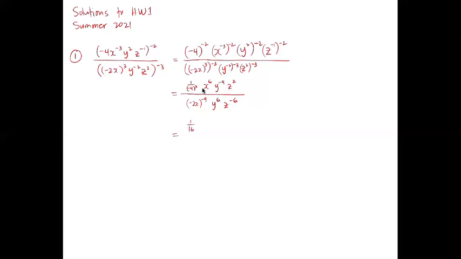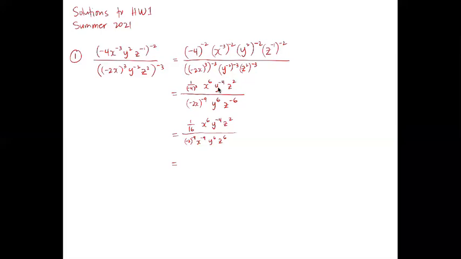And then for these guys here, let's just rewrite them. So you will have x raised to 6, y raised to negative 4, z squared divided by, for this you will have negative 2 raised to negative 9, x raised to negative 9, y raised to 6, z raised to 6.